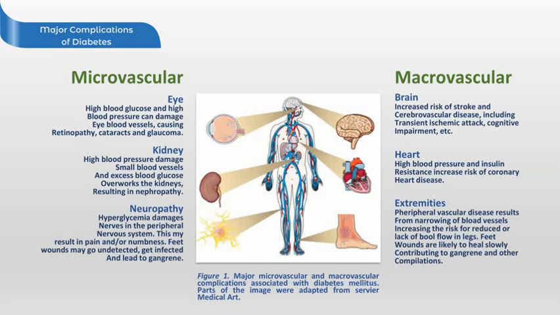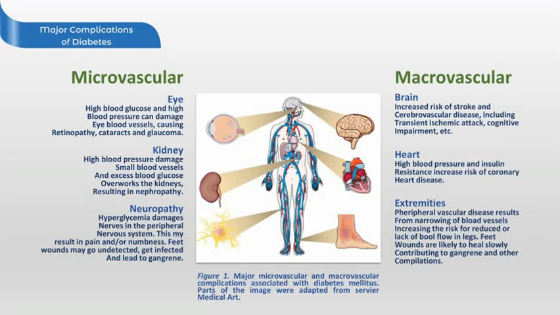Now the next one is macrovascular. It will affect the brain, heart, and extremities. As for the brain, it will increase risks of stroke and cerebrovascular disease, including transient ischemic attack and cognitive impairment, etc. As for the heart, high blood pressure and insulin resistance will increase the risks of coronary heart disease.